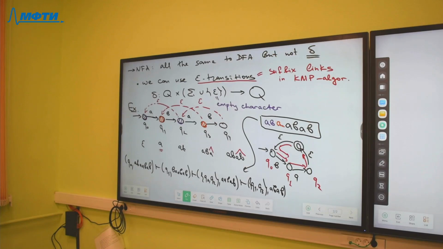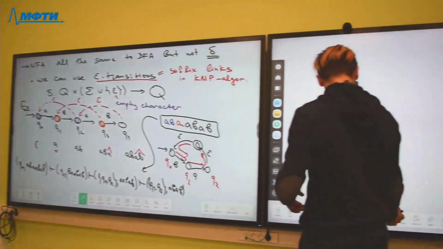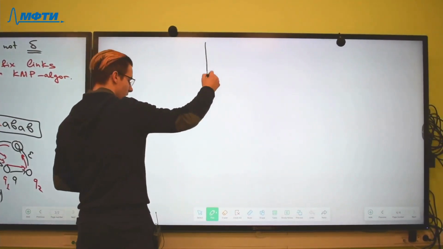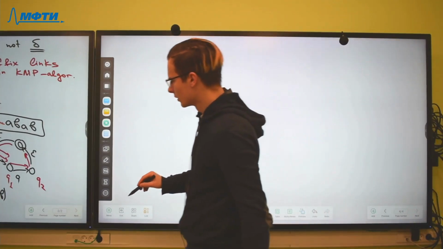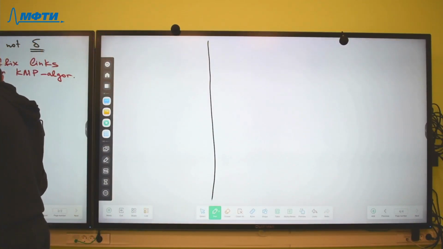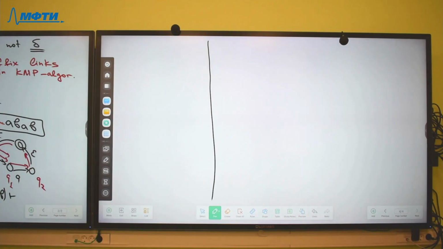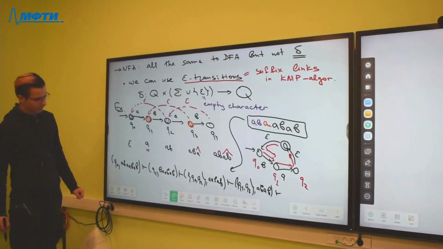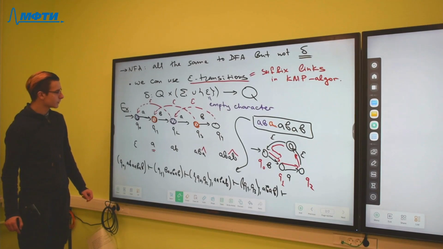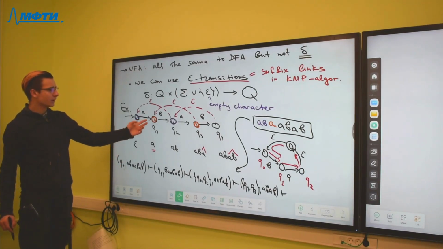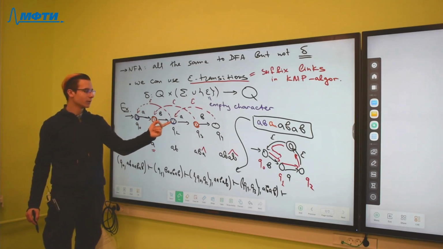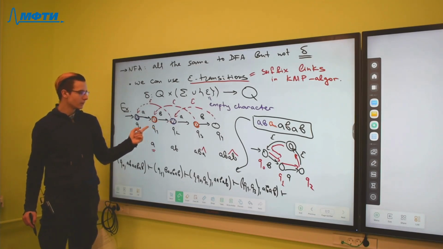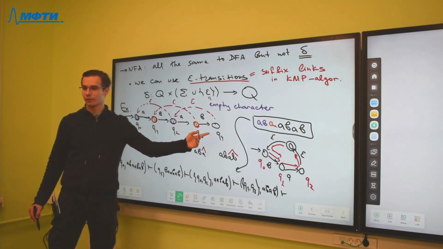So further we change this states, and you see that there is no edge with the character A from Q1 and Q3. You see?